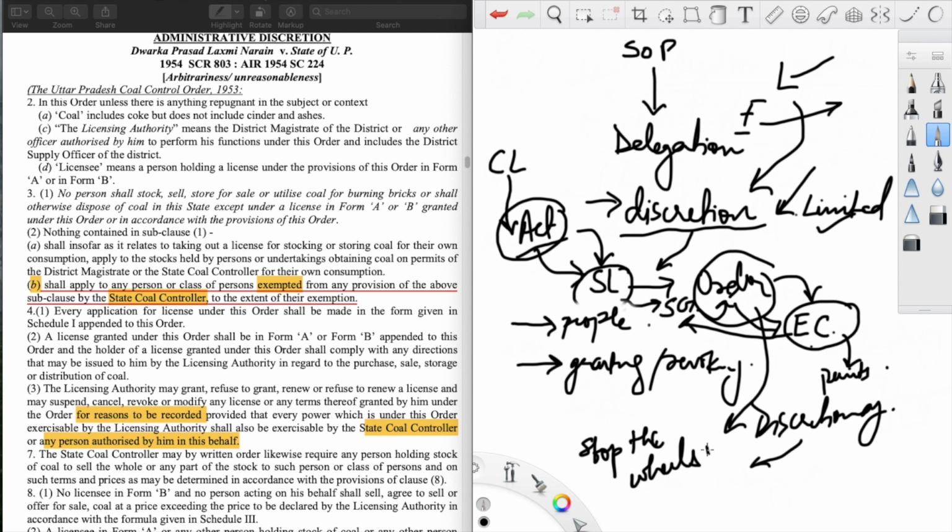This has also been discussed in one of the cases. So in this particular case, which is Dwarka Prasad Laxmi Narayan versus State of UP, the particular provision which gave discretionary powers to the controller of the specific essential commodity is challenged on the grounds of arbitrariness.